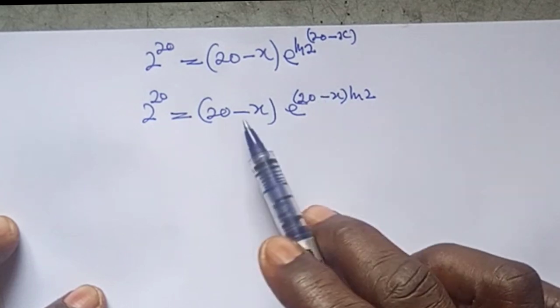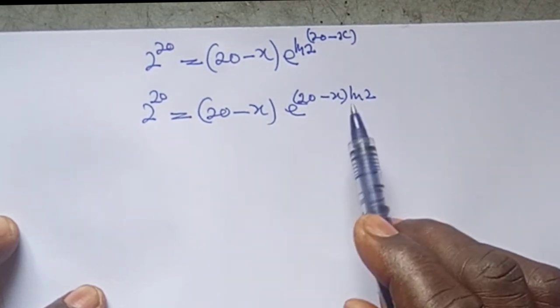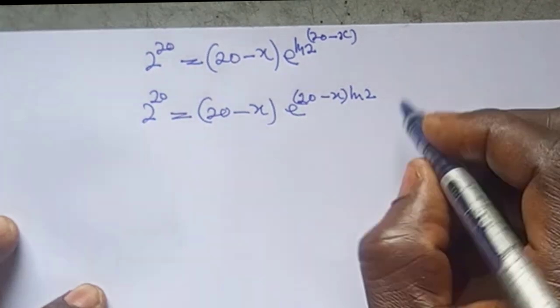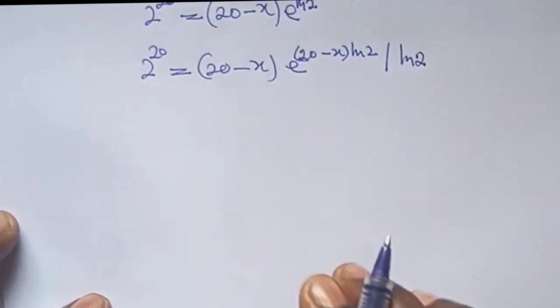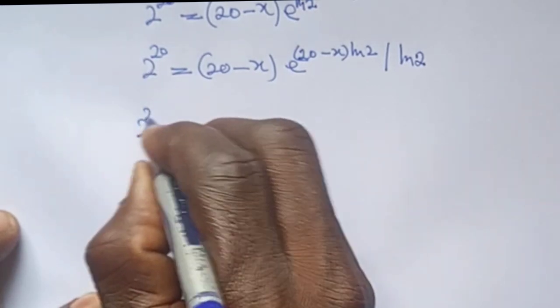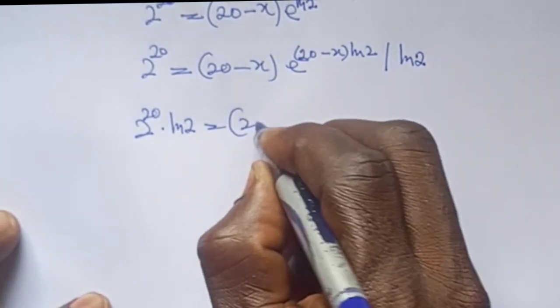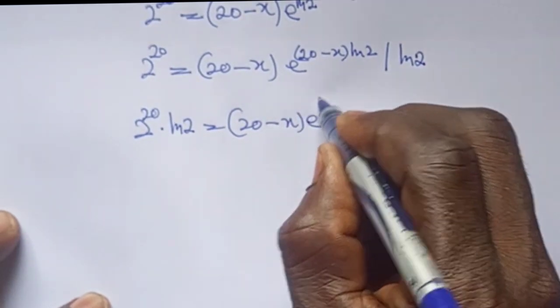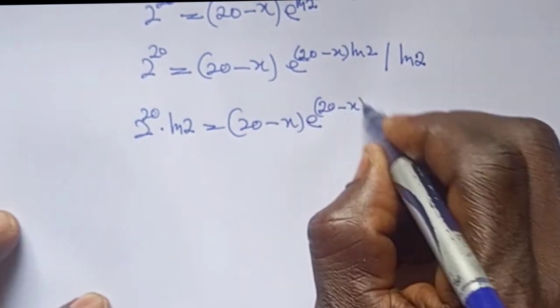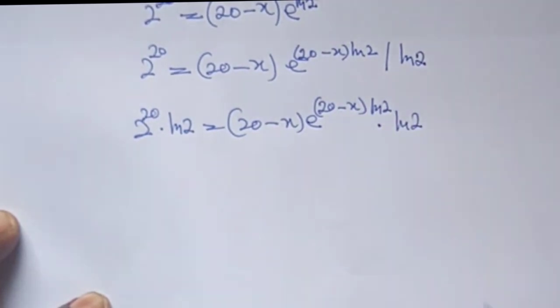To make the quantity at the base the same as the quantity at the head of the exponential, the difference here is ln 2. So we're going to multiply both sides by ln 2. The next line becomes 2 to the power of 20 times ln 2 equals 20 minus x exponential 20 minus x ln 2 times ln 2.